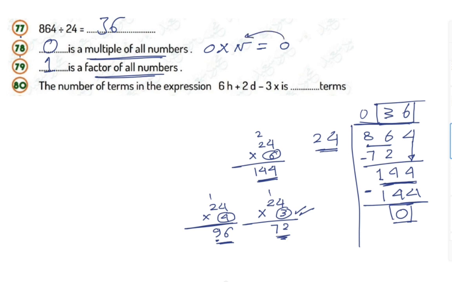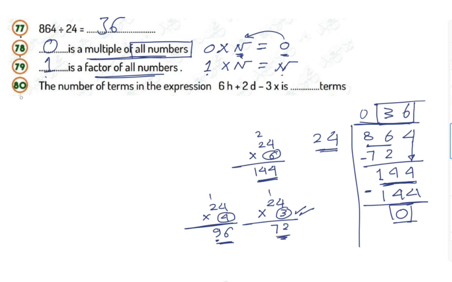This number may be any number, that means for all numbers the result will be 0. Okay, 1 is a factor of all numbers. Why? Because 1 times any number equals the same number. So 1 is a factor of n.